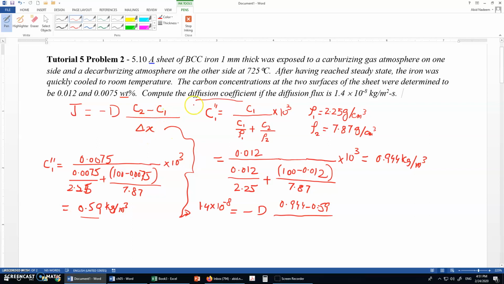Delta x is the 1 millimeter thickness of the plate, so 1 × 10^-3 meter. From here the value of D we can find as 3.95 × 10^-11 square meter per second. So this will be the value.